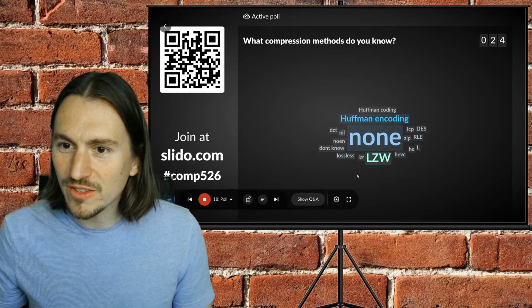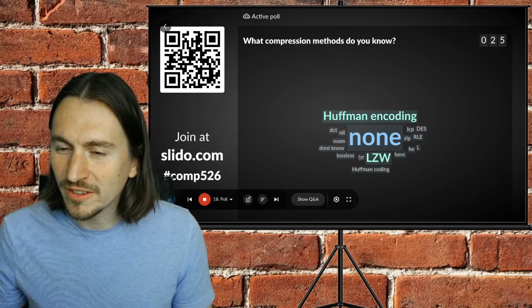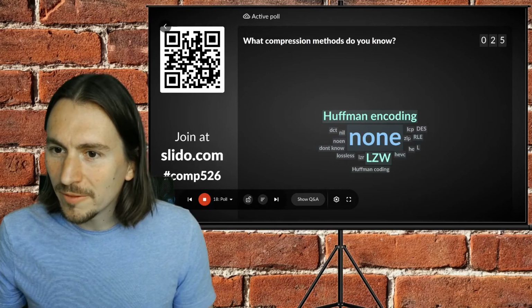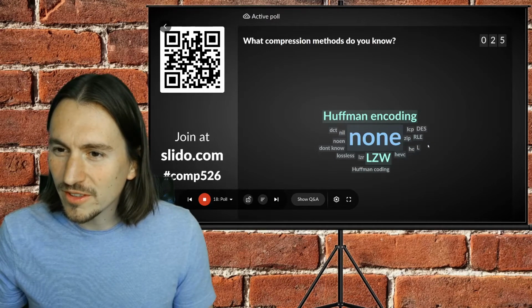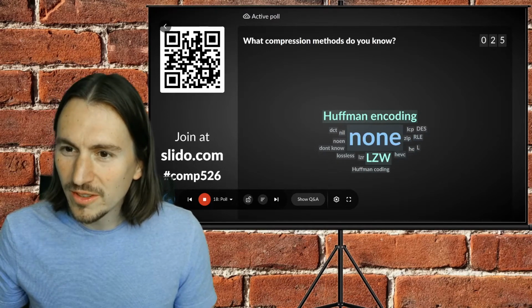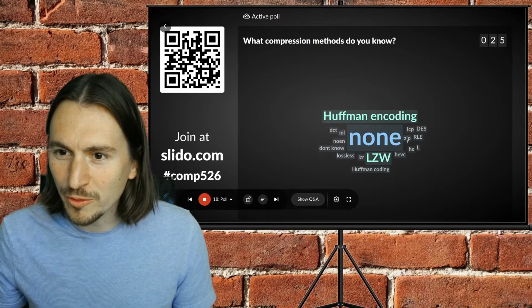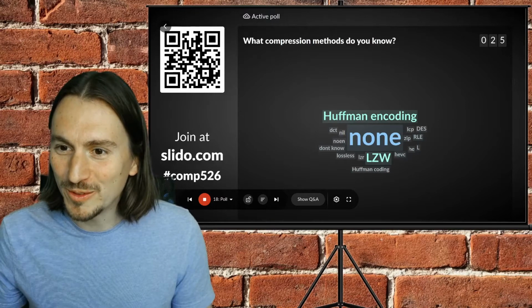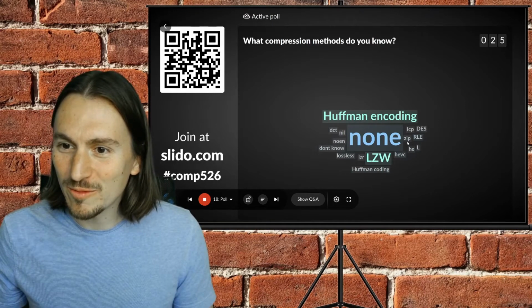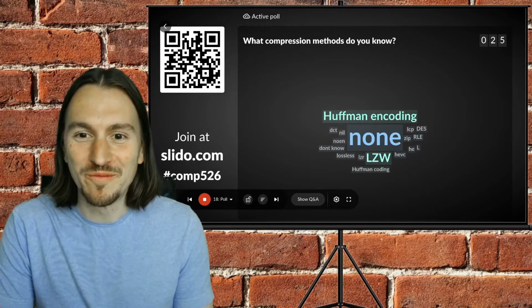So I see there's Lossless, LZR, I'm not even sure I know this one. Yeah, DES is, I think, some encryption method. Yep. And zip, of course, I was expecting many people to report zip or variants of it.